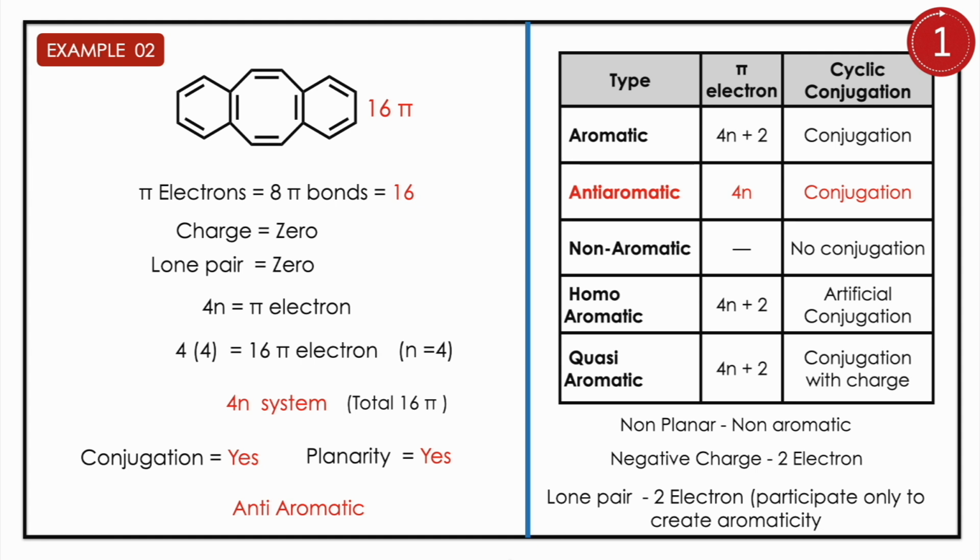So totally 8 pi bonds means 16 pi electrons. Charge is not there, so 0. Lone pair also not there, so 0. It is a 4n system where n equals 4. 4 multiplied by 4 is 16 pi electrons. The system is definitely conjugated, and planarity is also there. So 4n, conjugated, planar means it is an anti-aromatic compound.